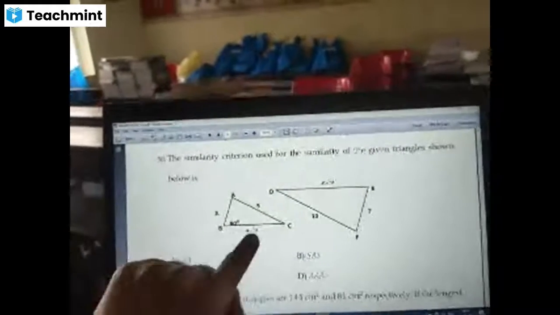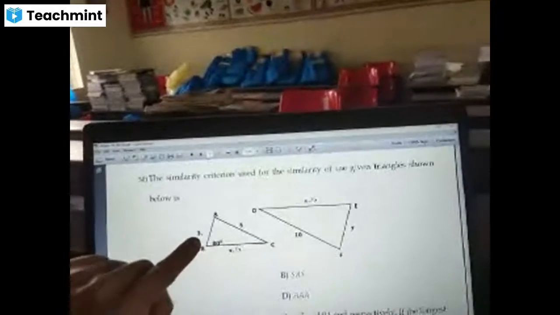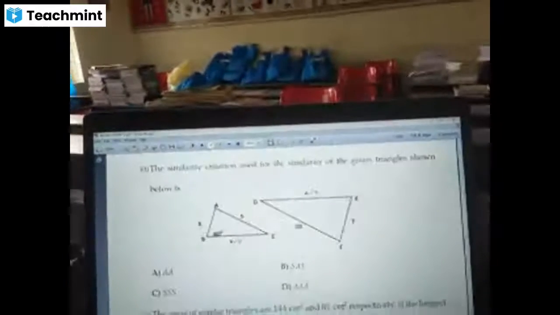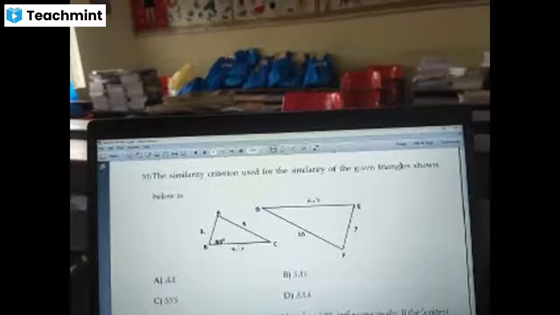Here 3 root 2 double is 6 root 2, 5 double is 10. This is 7 given.